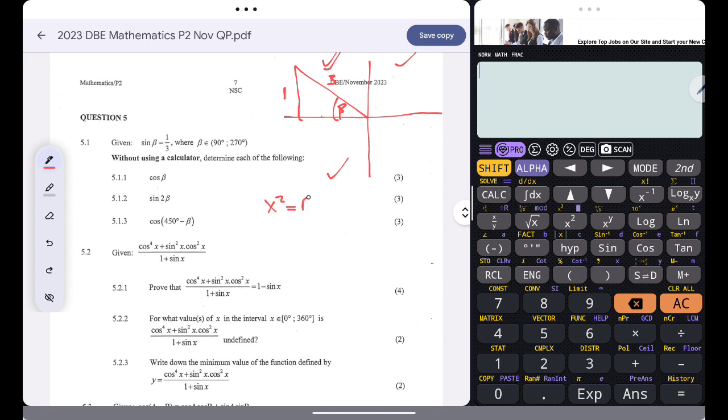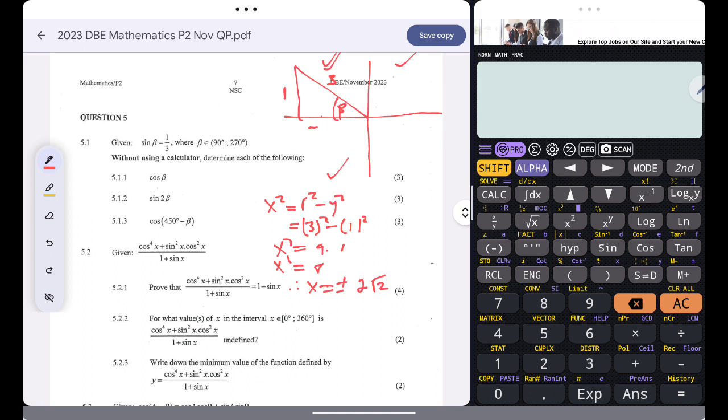I know that x squared is equal to r squared minus y squared, which is 3 squared minus 1. This is 9 minus 1, and I have 8. So therefore x will just be plus minus the square root of 8, which will be 2 root 2.